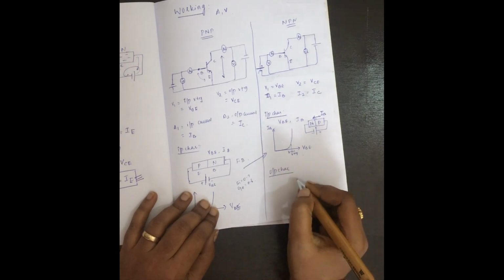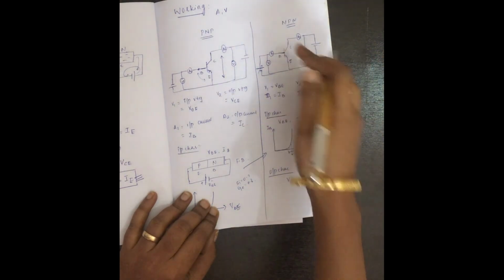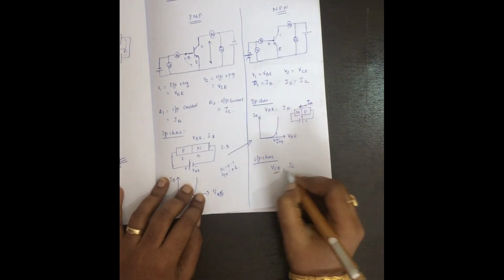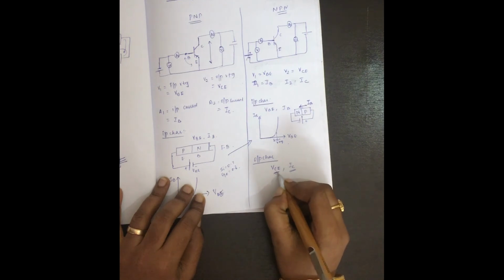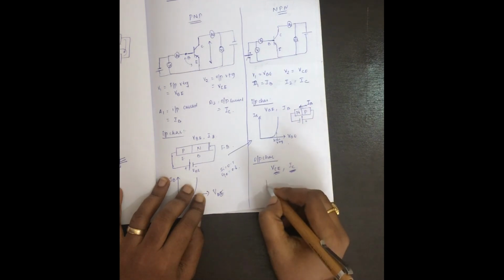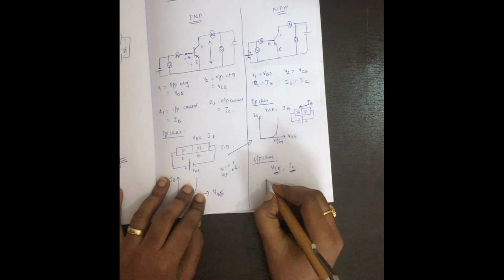Output characteristics we have to draw across VCE, the output voltage, and collector current IC. Here also if you increase VCE, collector current also increases. Still more increasing VCE, the collector current becomes constant after it reaches its maximum. When it reaches its maximum, that is the input current, it will become constant.